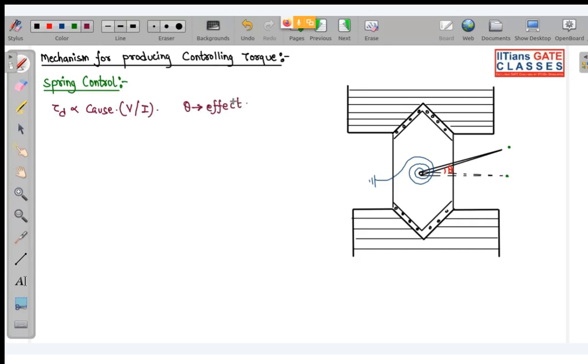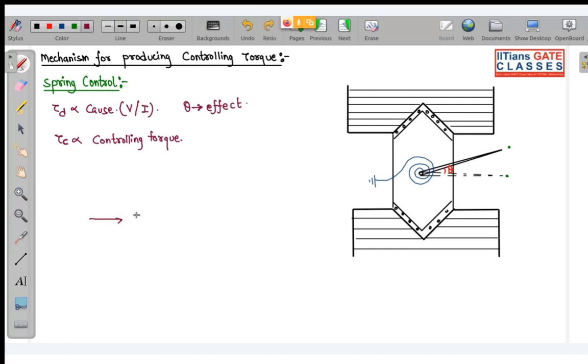Now, for controlling torque, what is TC? This is your controlling torque, which is proportional to TD. Like I will tell you, suppose you are riding your motorcycle.